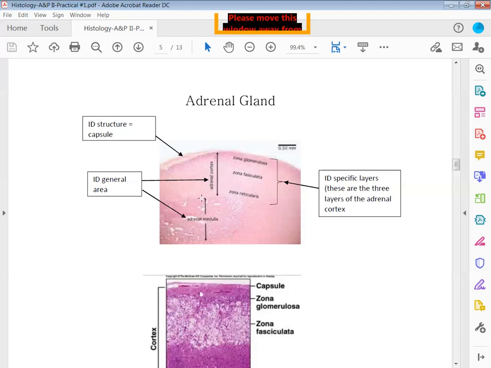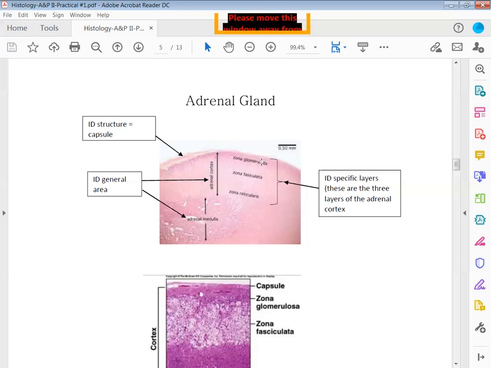So again, if you see a picture like this or a slide that looks like this, and I ask you to identify the organ or gland, I'm asking you to say adrenal gland. If I ask you this structure or layer up here, I'm asking for the capsule. If I ask you this general area, adrenal cortex. Identify this general area, adrenal medulla.